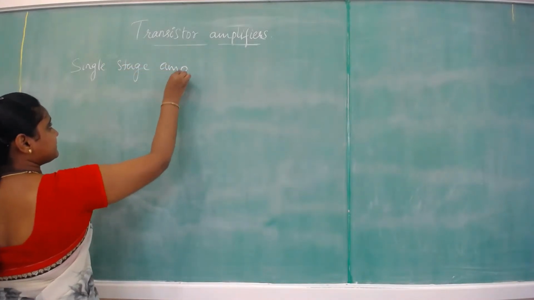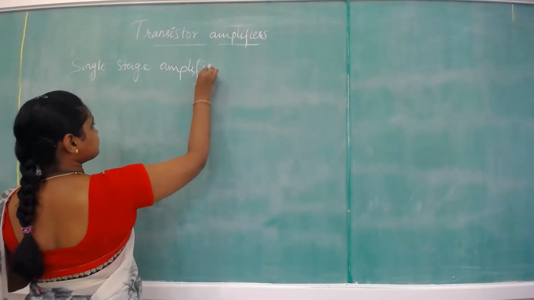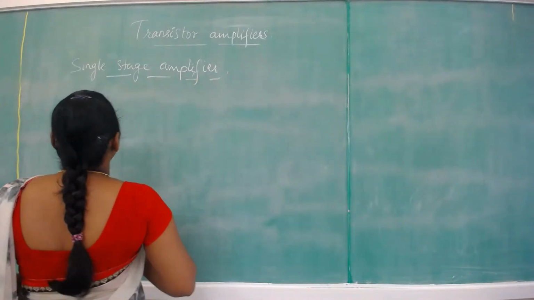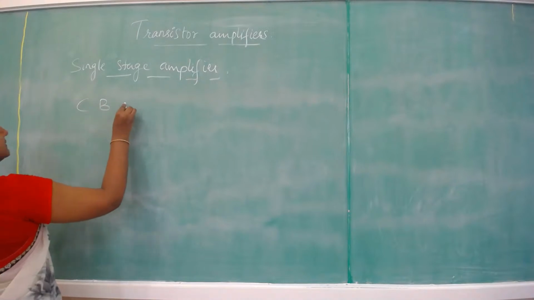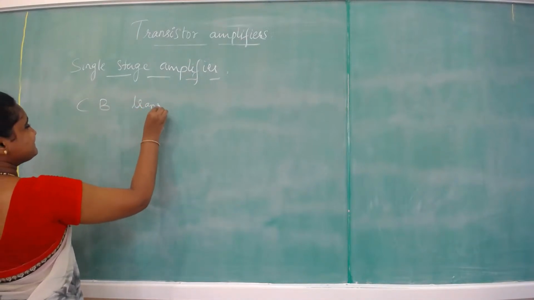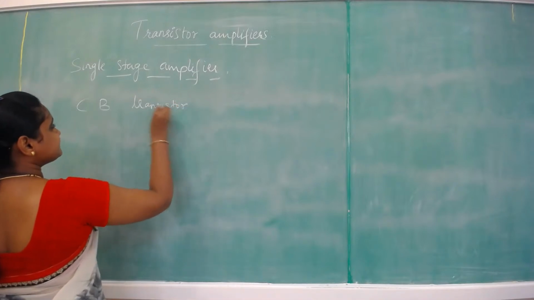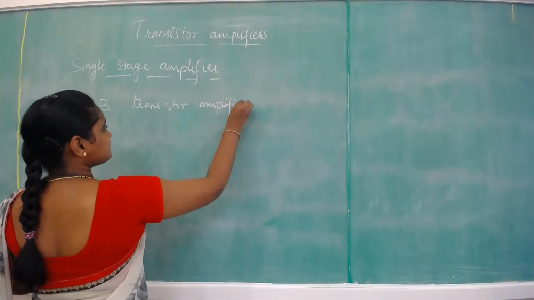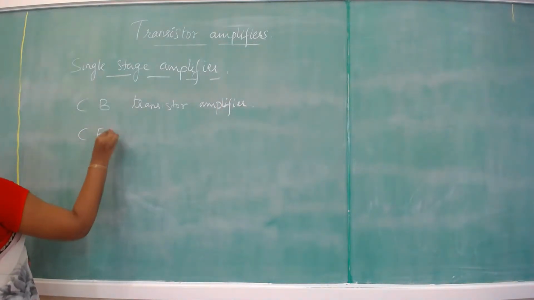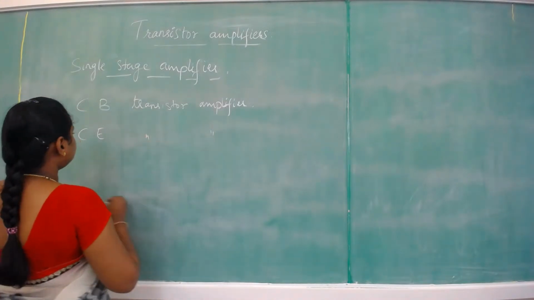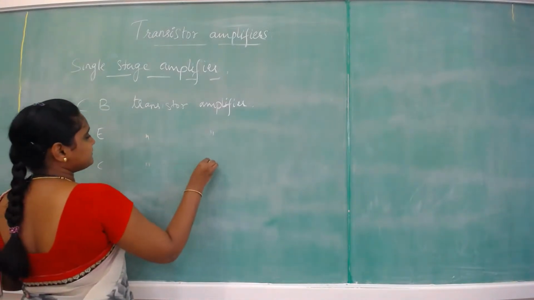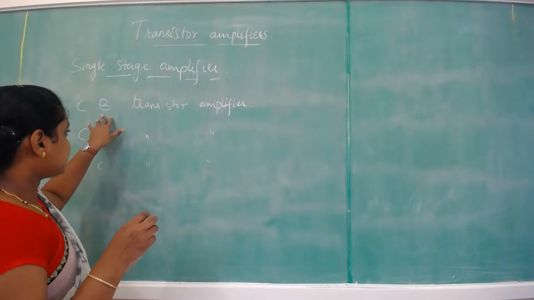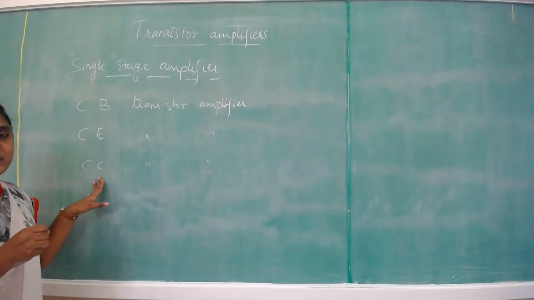In single stage amplifiers, we will be studying three amplifiers: the common base transistor amplifier, common emitter transistor amplifier, and common collector transistor amplifier. Each amplifier we will study in detail with the configuration as common base, common emitter, and common collector, which will have a single stage.